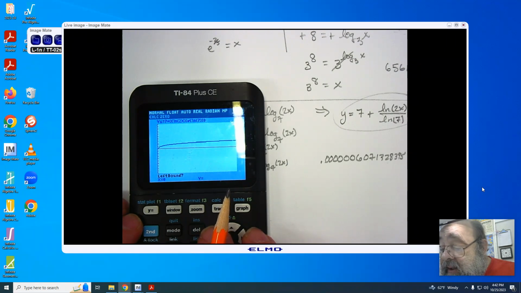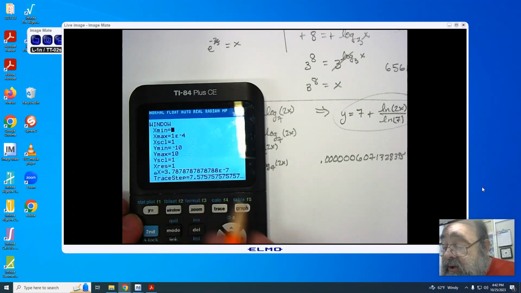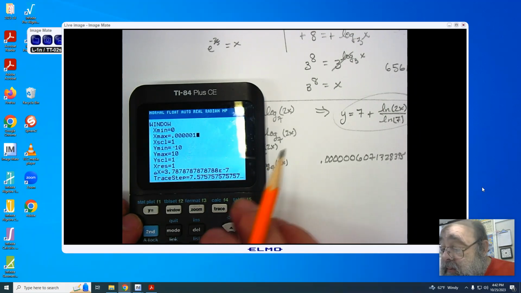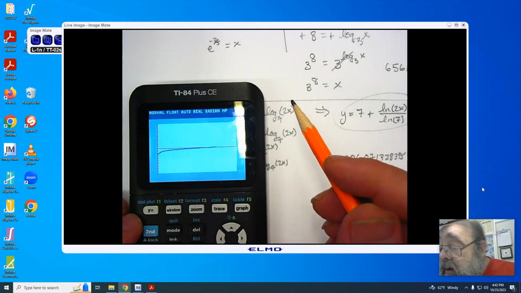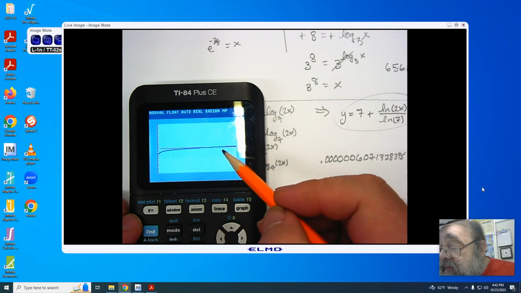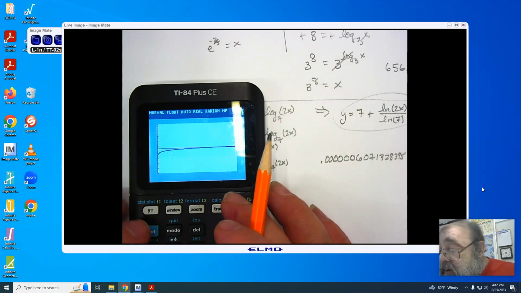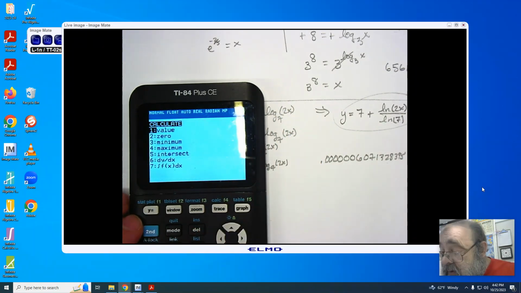Yeah, it's just not going to give me enough. Got to change my windows. 0.000001. And now we can find our x-intercept. Second trace, find the 0, 2.